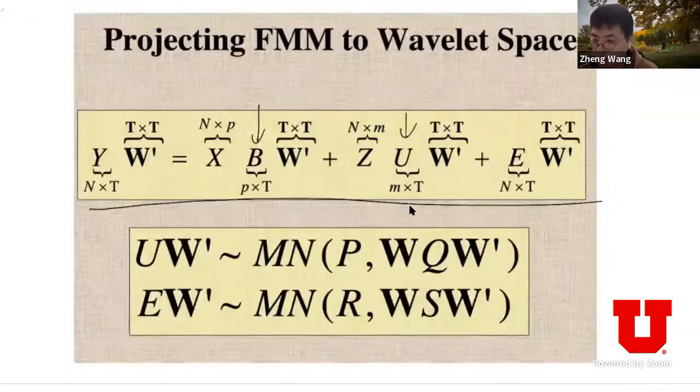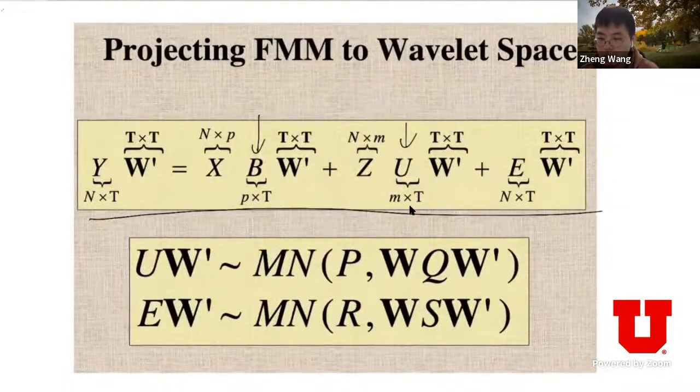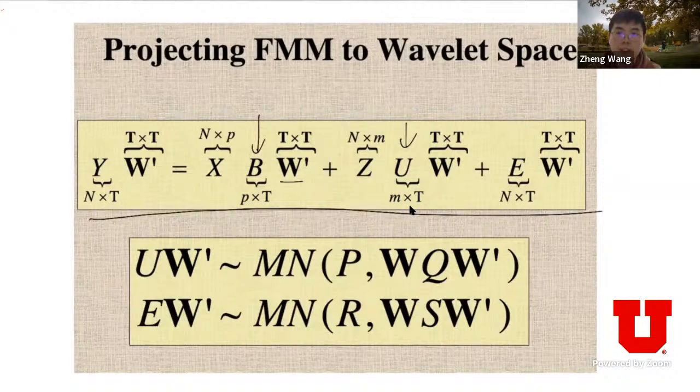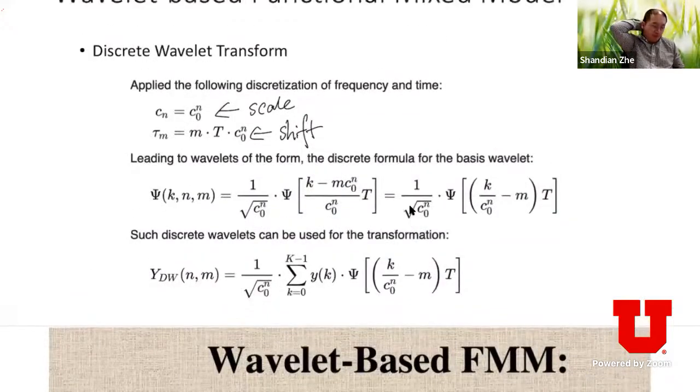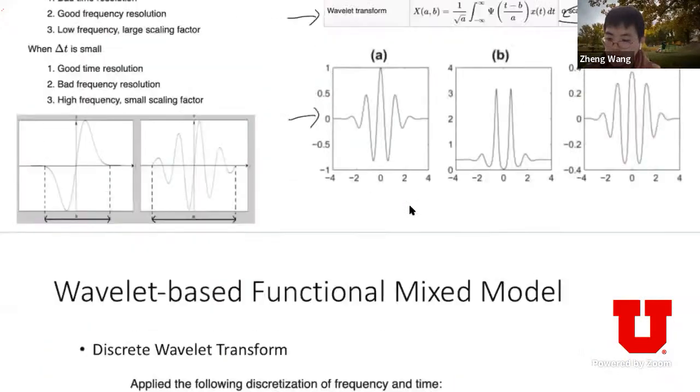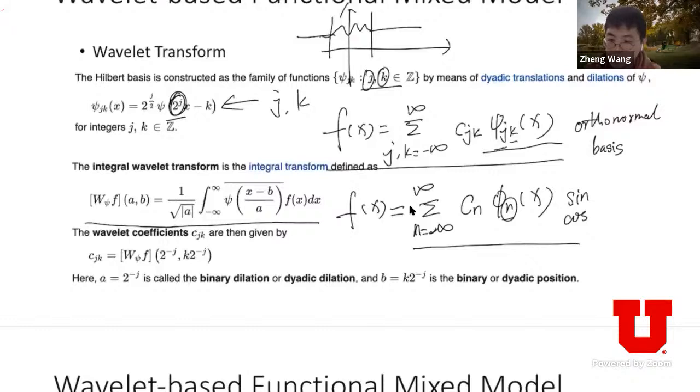They should be functions because in the discrete wavelet transform, the scaling j and k are fixed, and what you get is just the coefficients of the basis, so you just estimate the wavelet coefficients here.